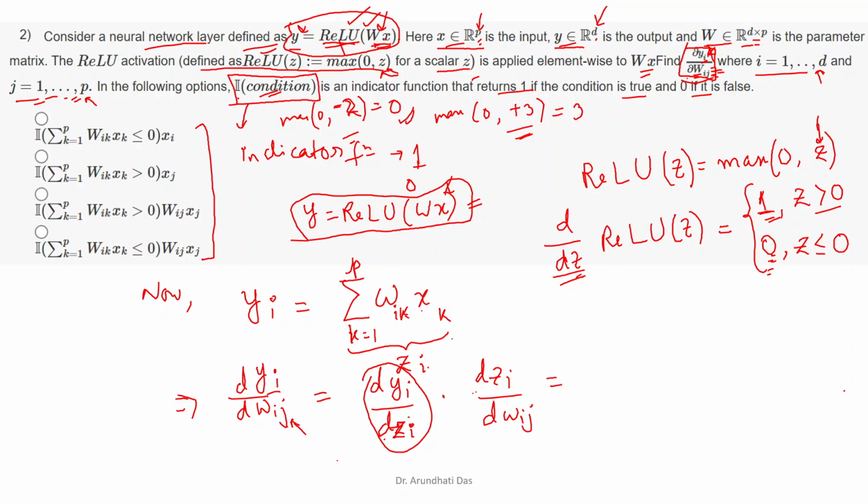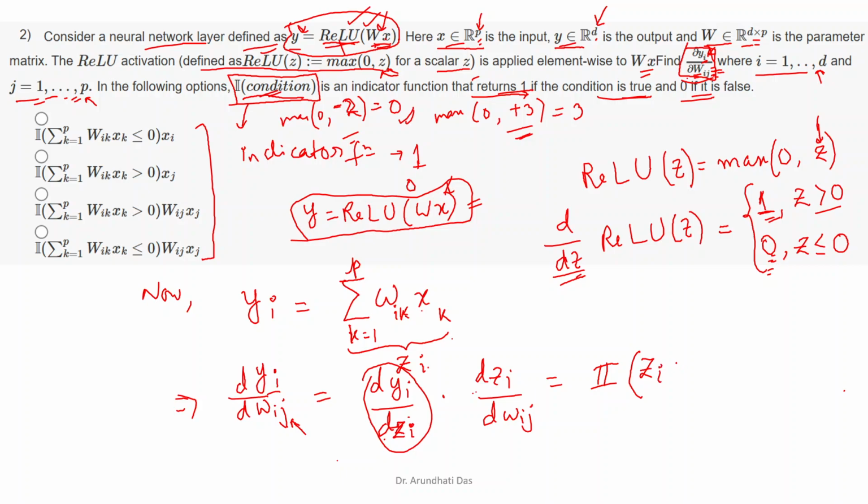The indicator function that we have seen here, this I condition, this indicator function also returns 1 if the condition is satisfied, otherwise it will return 0, correct? So how can I represent that term? I can represent it in terms of this indicator function, where the condition I can take as zi.